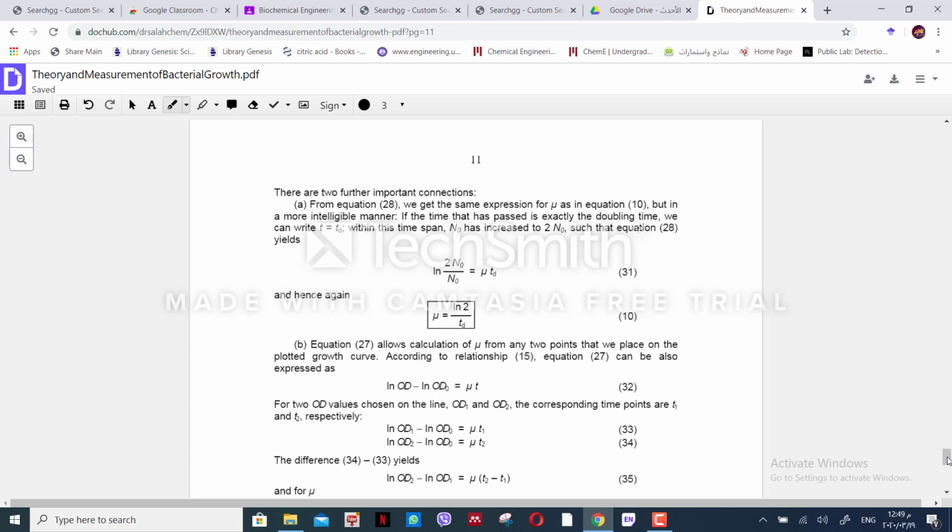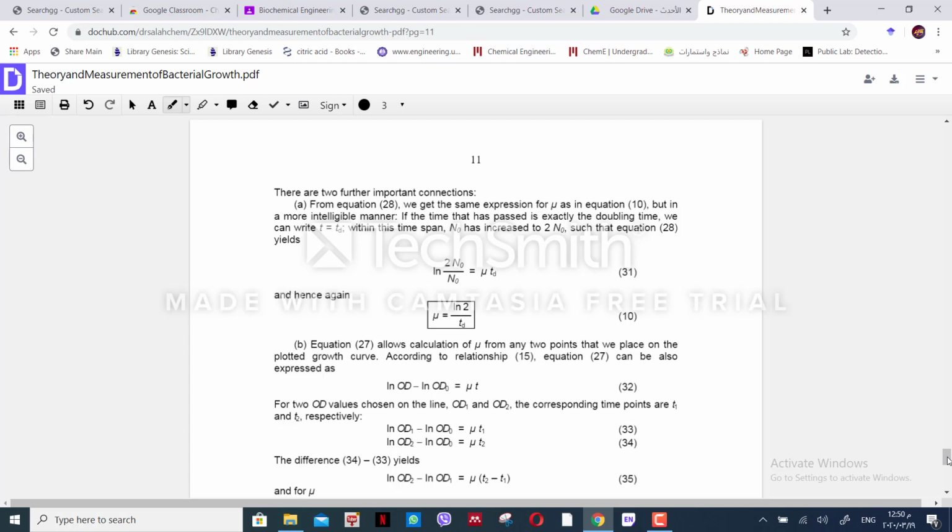Within this time span n naught has increased to 2 n naught, such that equation 28 yields ln of 2 n naught over n naught equal mu td, and hence mu is equal to ln 2 over td, as we explained before. Equation 27 allows calculation of mu from any 2 points that we place on the plotted curve.